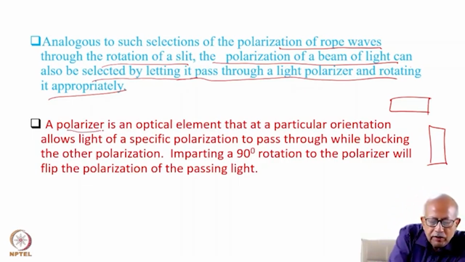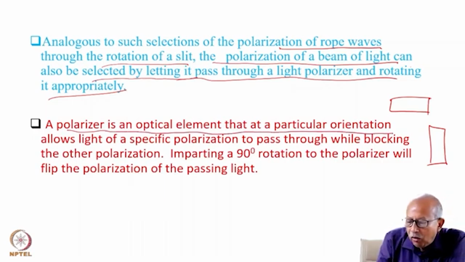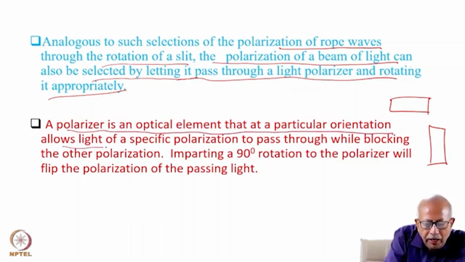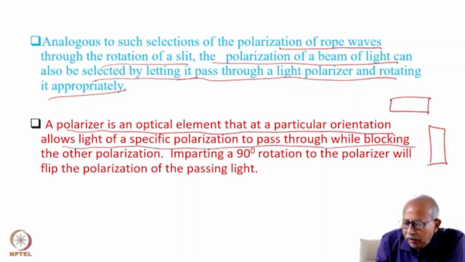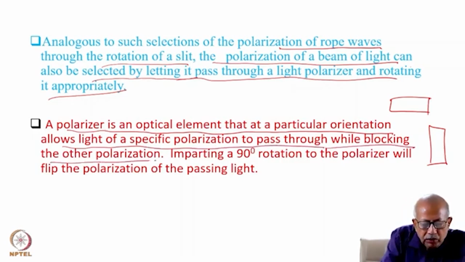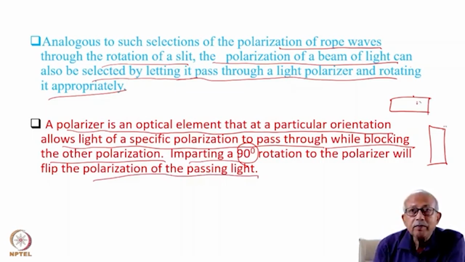The polarizer is the optical element that at a particular orientation allows light of a specific polarization to pass through while blocking the other polarization, and imparting a 90-degree rotation to the polarizer will flip the polarization of the passing light, just as the rotation of the slit did.